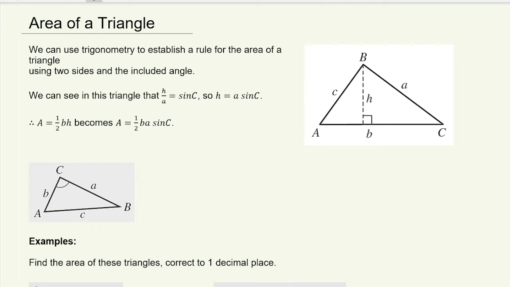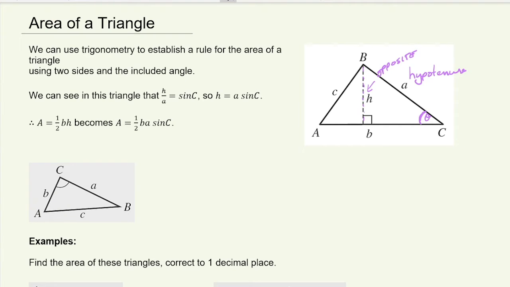So we can look at how this works. In terms of this, it is equal to half the product of two sides and the sine of the included angle. That's how we're going to use it in trig. But if you look over here at our example, we have our vertical height creating two right angle triangles, and in this one A over H is sine C. So if we put theta in there, there's our hypotenuse, and this is our opposite side.